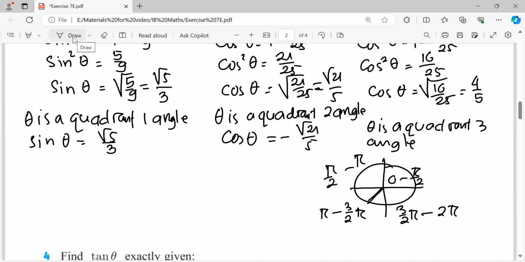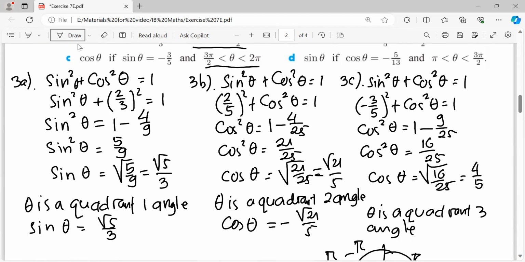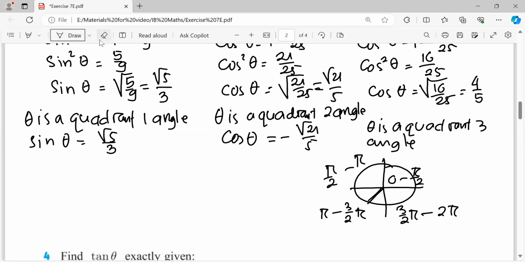And theta, oh, it means not quadrant 3, but quadrant 4. Sorry. Theta is a quadrant 4 angle.